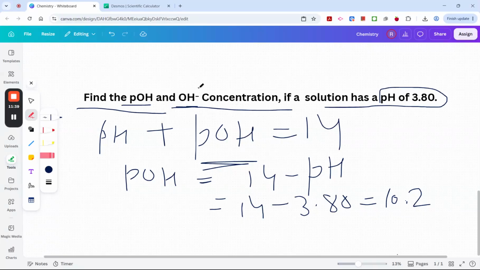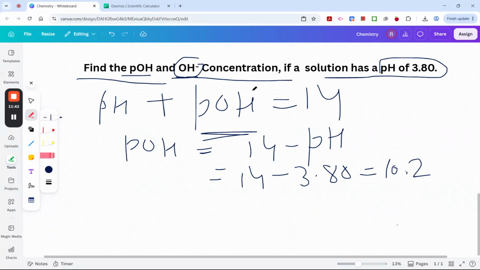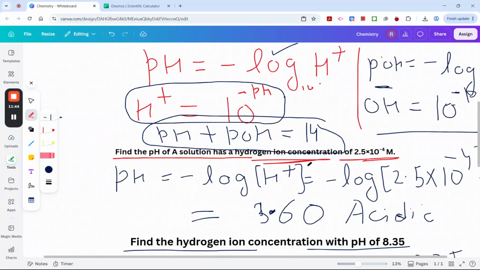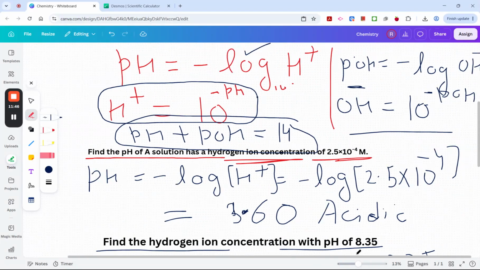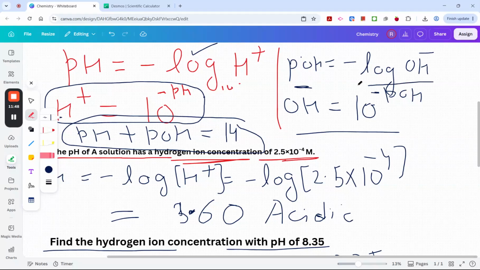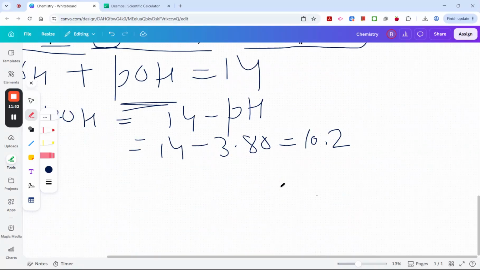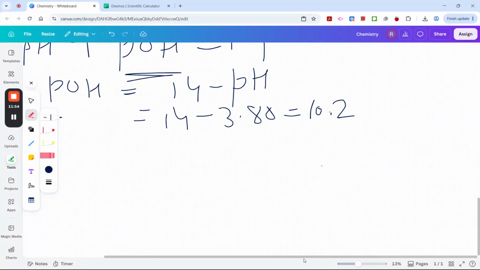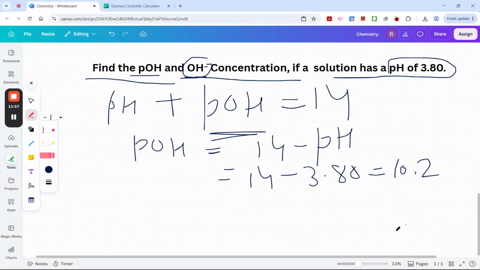I have pOH now. I want to find the OH ion concentration. What we're going to do, you have this formula here. So you will go with this formula. You want to find the OH ion concentration, so write down OH ion concentration.